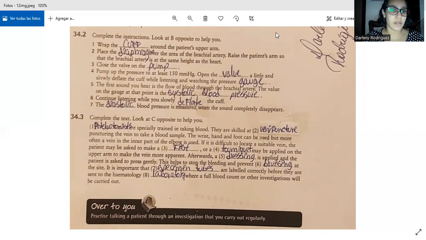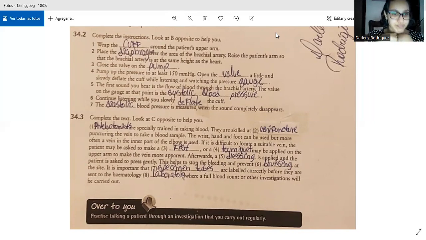Number 3, close the valve on the pump. Number 4, pump up the pressure to at least 150 mmHg. Open the valve a little and slowly deflate the cuff while listening and watching the pressure gauge.